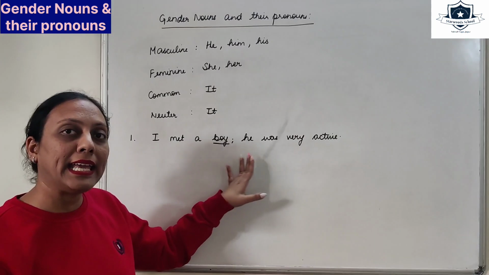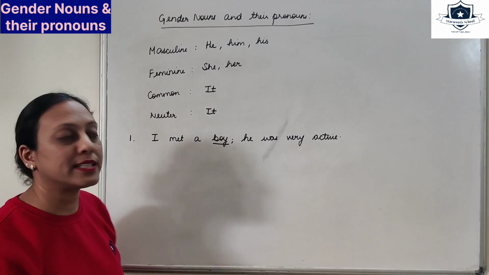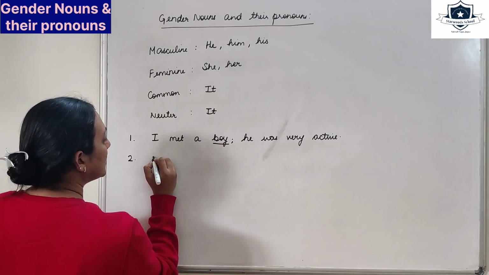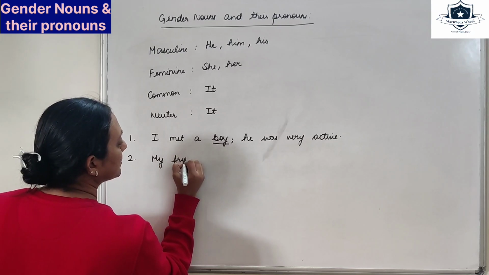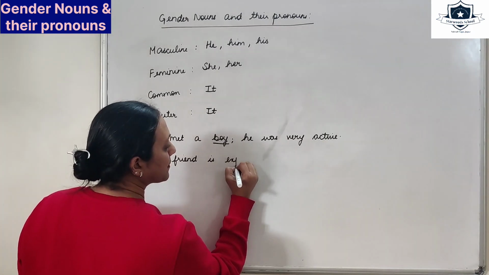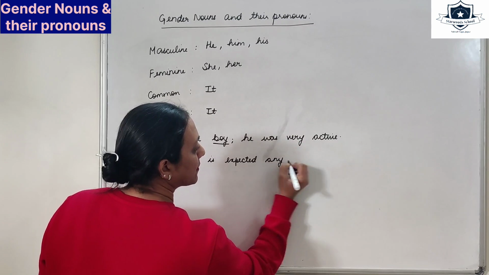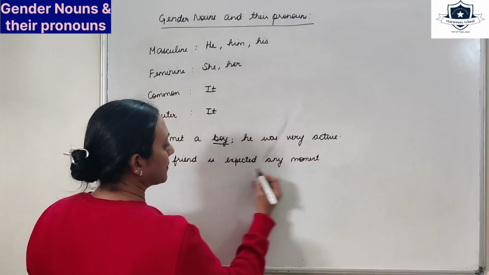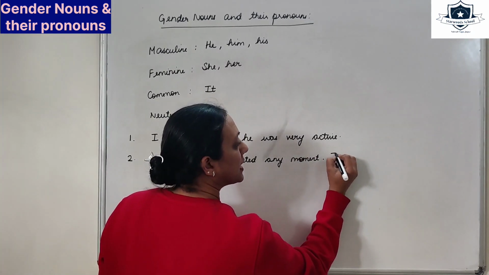I met a boy, he was very active. So he is the pronoun that is used here. If I take the feminine gender noun, my friend is expected any moment.